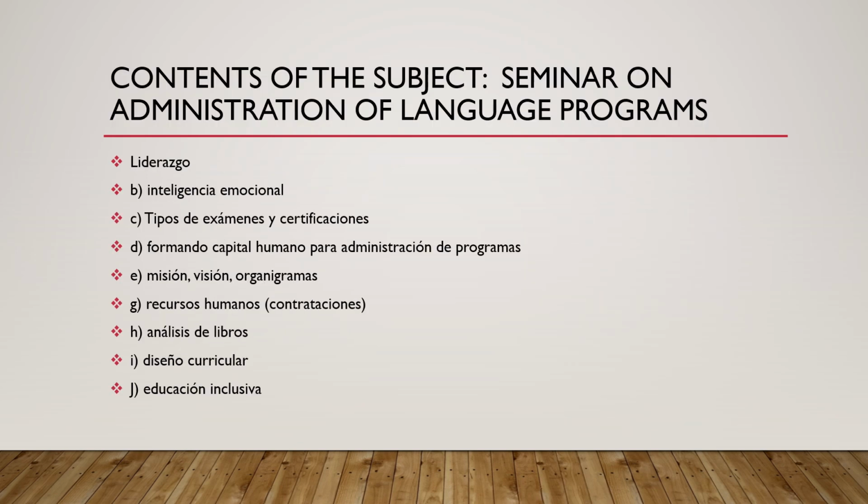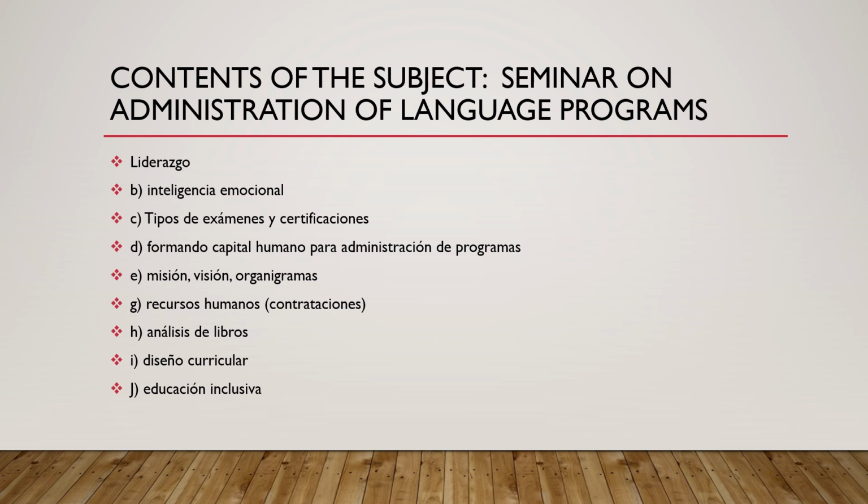Okay, we'll continue. What is the content of the subject? In this subject, we're going to learn the following topics: liderazgo, inteligencia emocional, tipos de exámenes y certificaciones, formando capital humano, cómo contratar gente, misión, visión, recursos humanos, análisis del libro, diseño curricular, educación inclusiva.